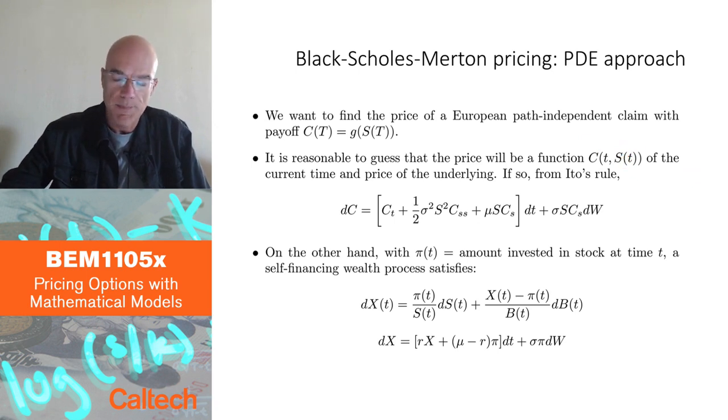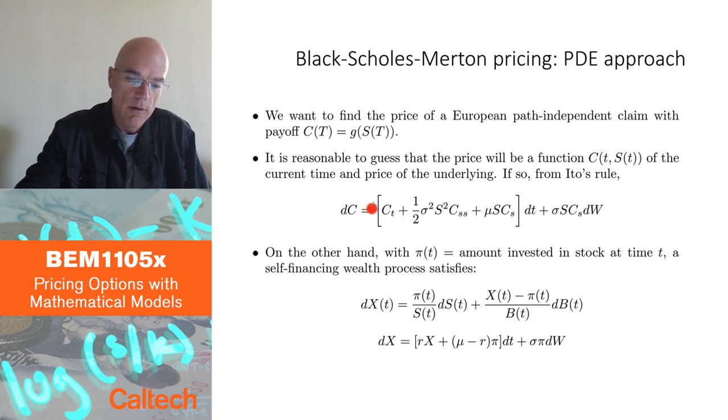Let's apply Ito's rule. Applying Ito's rule, I get some dt terms and some dW terms. If you go back and look up Ito's rule, the dt terms are the derivative with respect to time plus 1/2 the second derivative with respect to s. Okay, here I have sigma squared s squared, rather than just sigma squared.